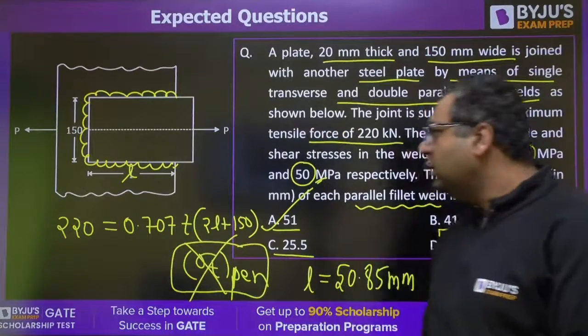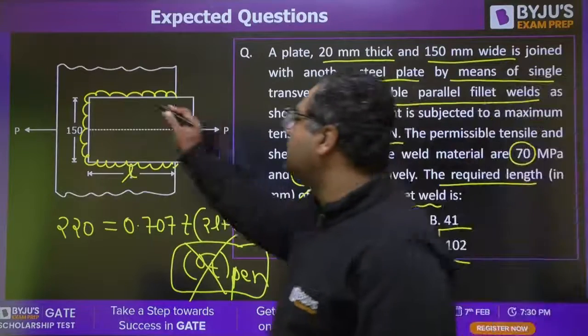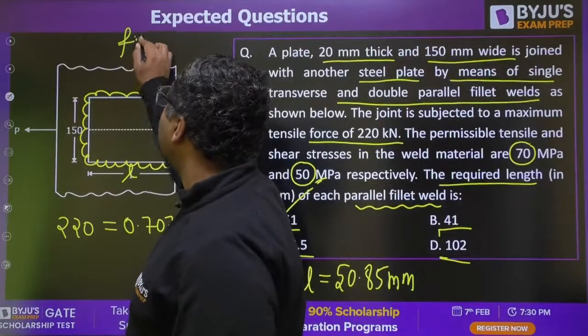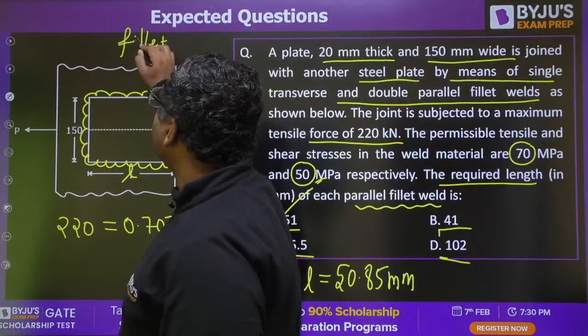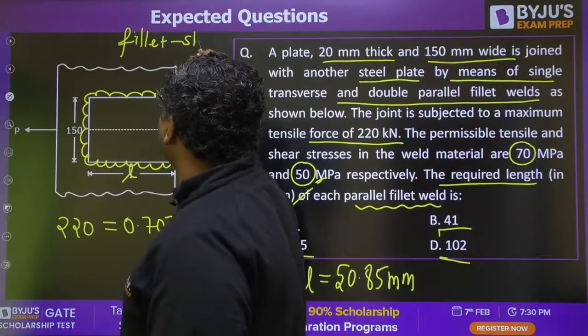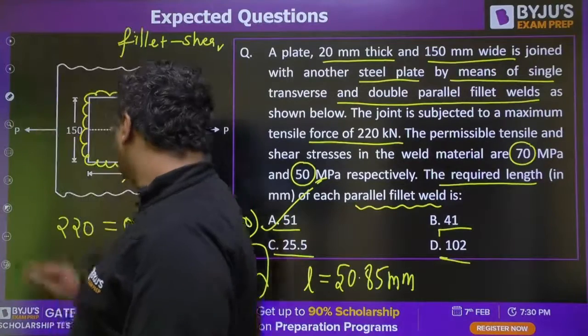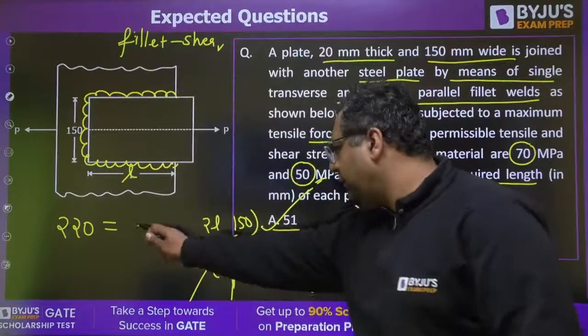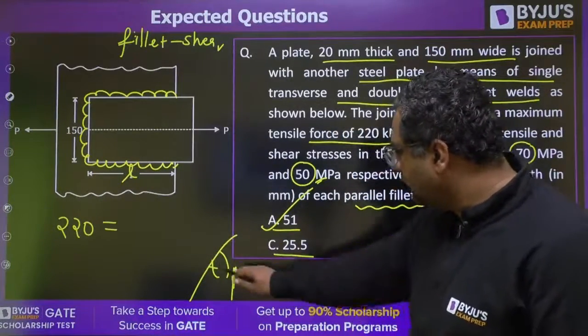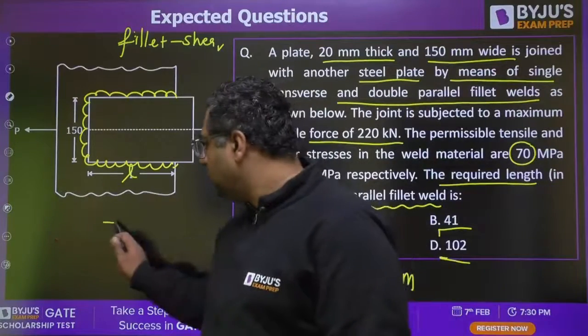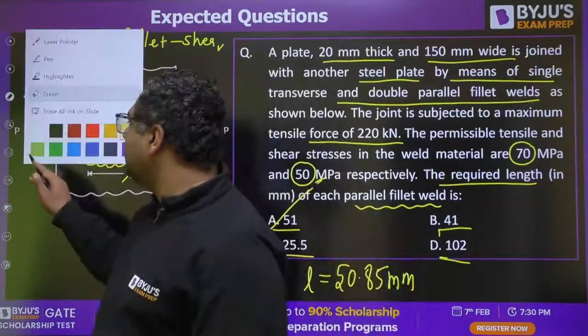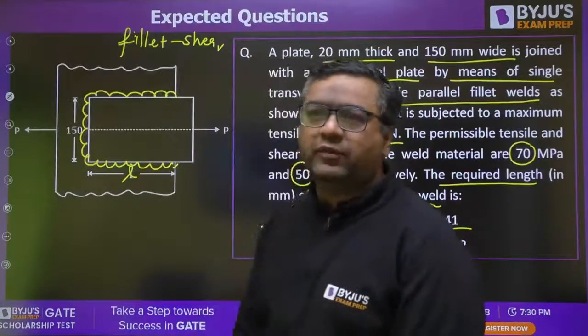That is not correct, because I already told you fillet welds are always weak in shear. So the equation I have written is not correct, but I feel you guys have done it correctly. You need to consider with respect to shear, not with respect to tension.